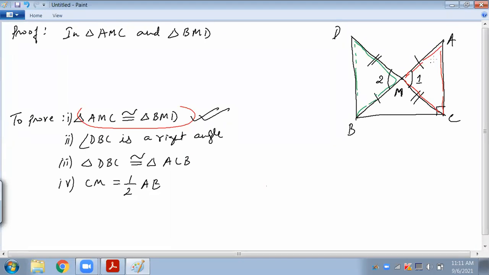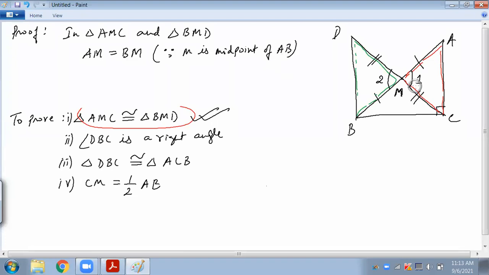So now in these two triangles, what do you have? First, we have AM equal to BM. Why? Because M is a midpoint. It is told in the question that M is the midpoint of AB.